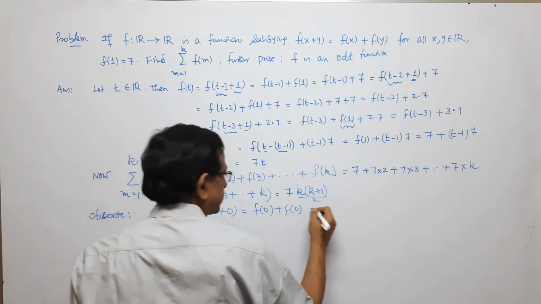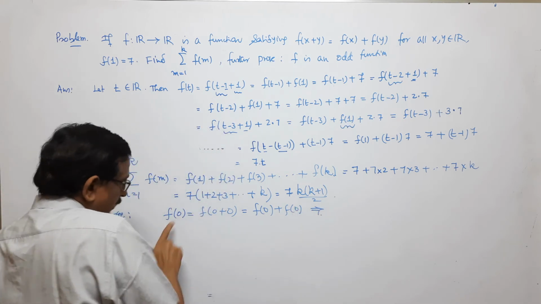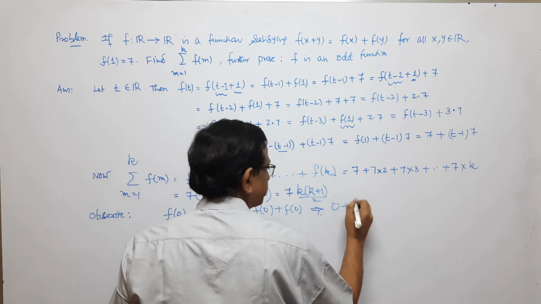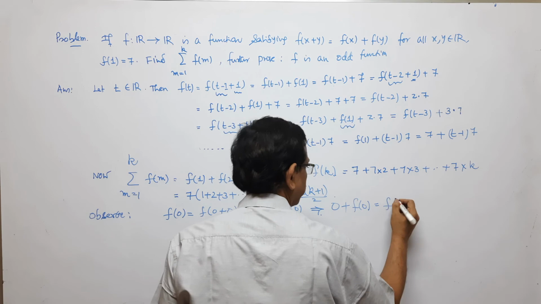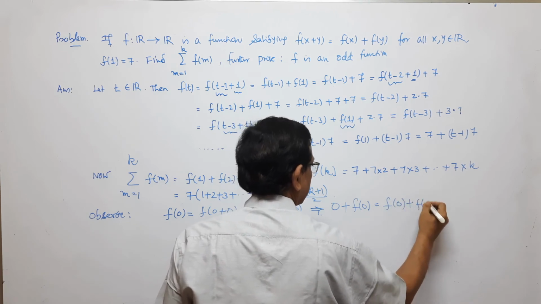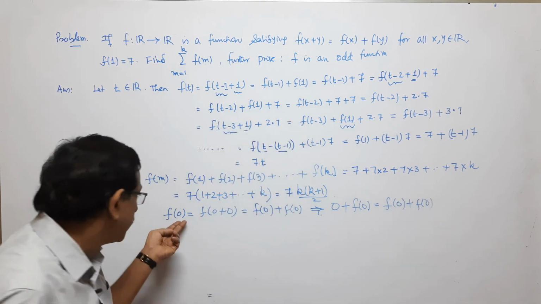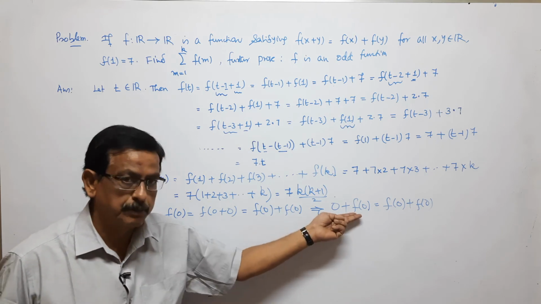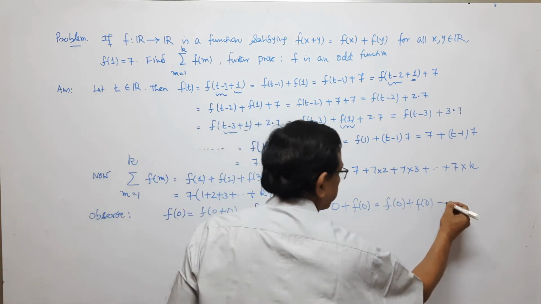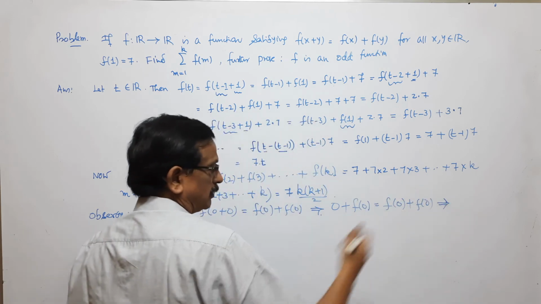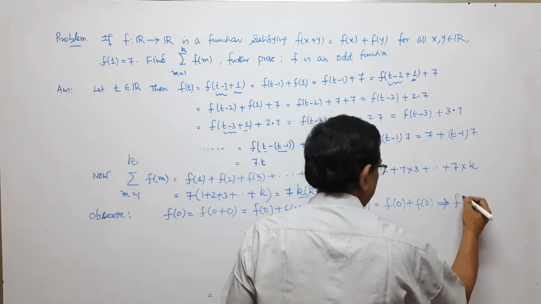So this implies f0, which I write as 0 plus f0, is equal to f0 plus f0. Now you can cancel f0 on both sides. So you'll get f0 equal to 0.